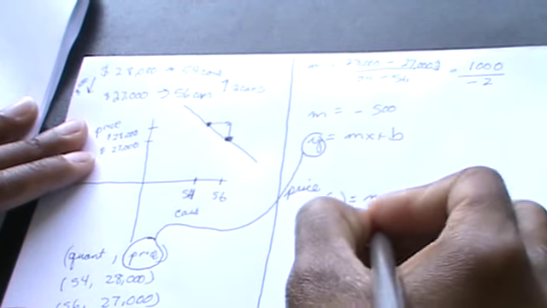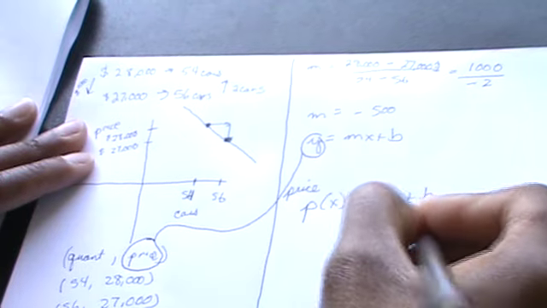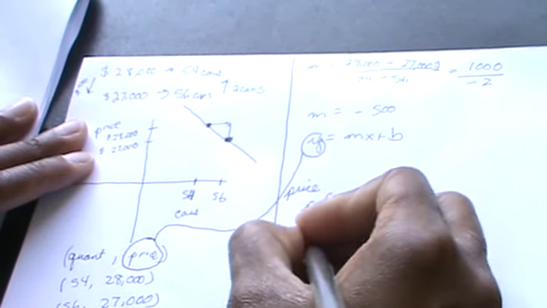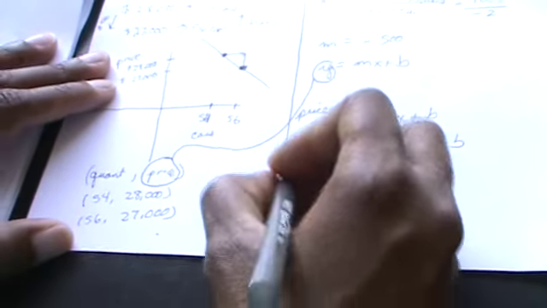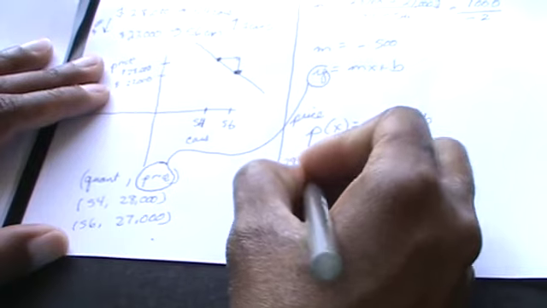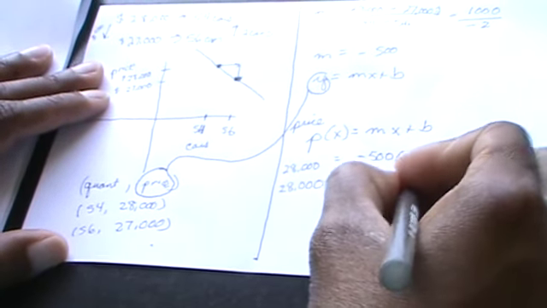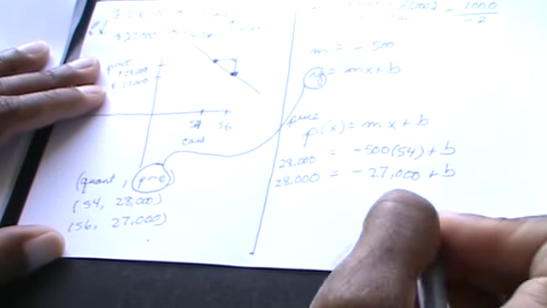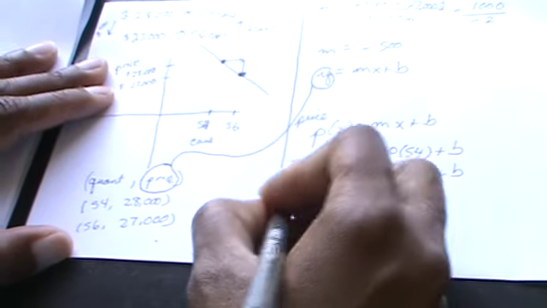So negative 500 here. It doesn't matter which 2 points you use, so 54 here equals 28,000. Let the plus be there. So I get 28,000 equals negative 27,000 plus the b. So you're adding 27,000 to both sides.